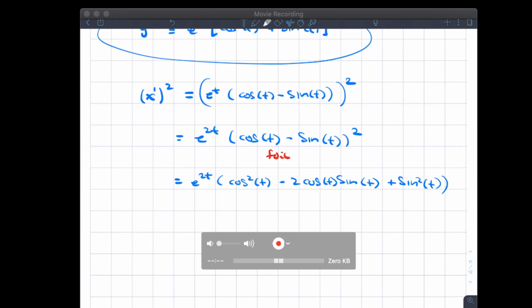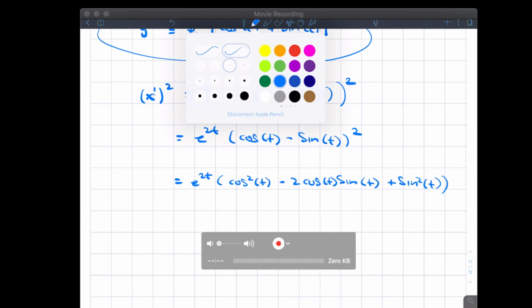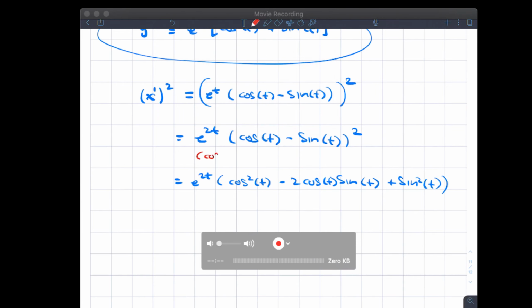Because you say, what do you mean FOIL? Yeah, you got to FOIL that because what you have is a second power here. You've got cosine t minus sine t times another cosine t minus sine t. There's that power 2 here. So that's the key here for this one.